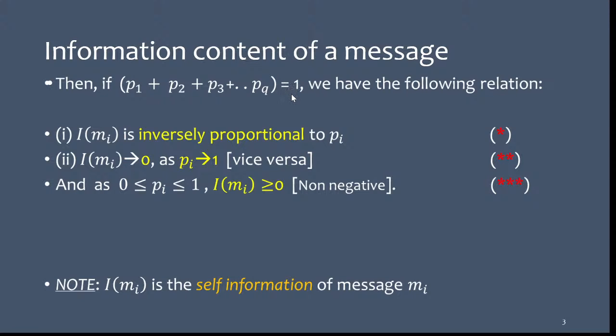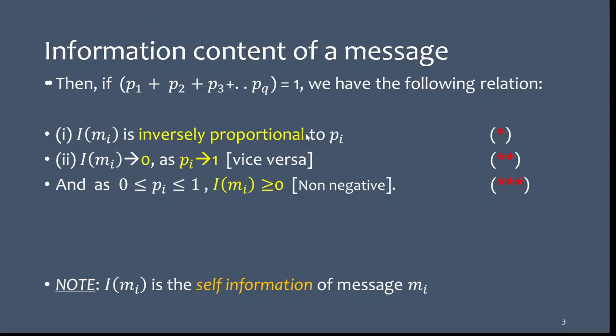That is, the total probability of occurrence of all the messages emitted by a source, or events that occur, is equal to 1.